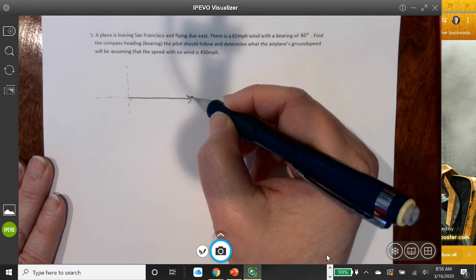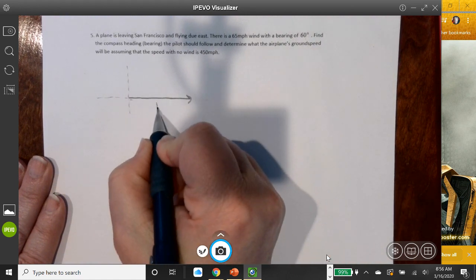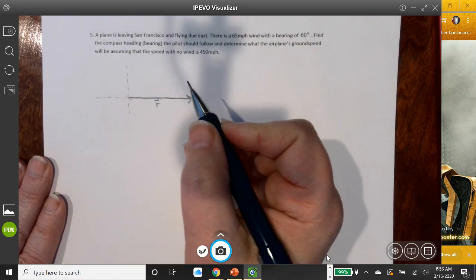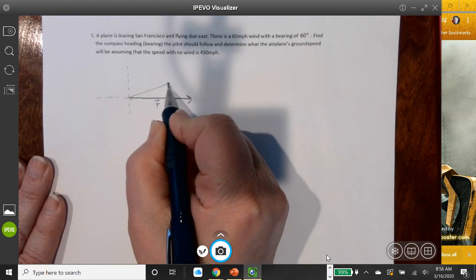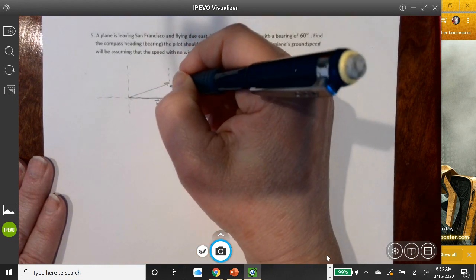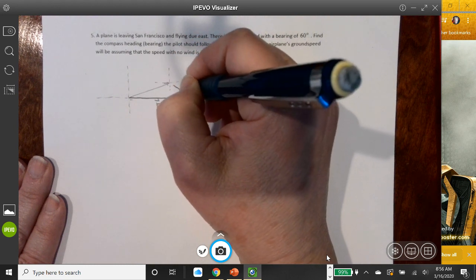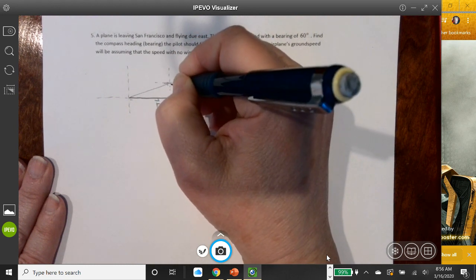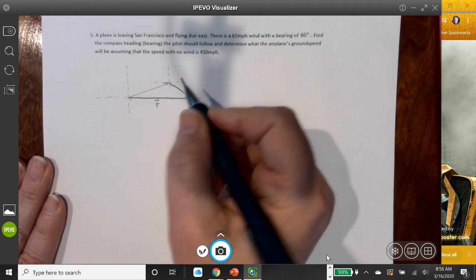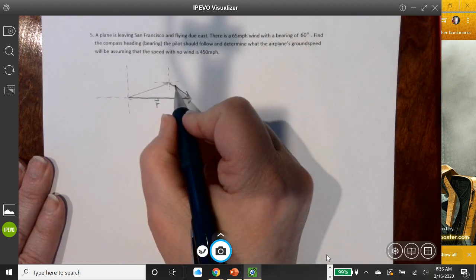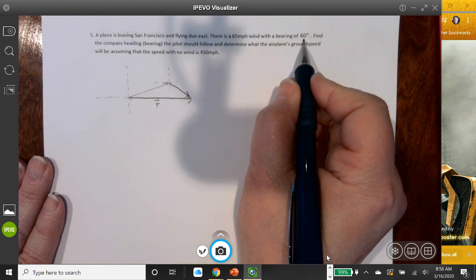So this is the resultant, basically. They're telling me the resultant, and I need to have what the pilot is flying plus whatever this wind is to get me here, if that makes any sense. So I know that this is a bearing of 60.